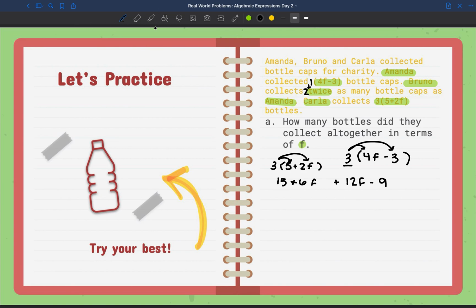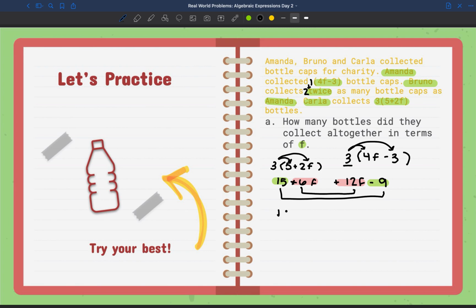And now this looks like we can simplify. We can add like terms, subtract like terms. So we're going to highlight our like terms. We have 15 is a like term to negative 9. And we have positive 6F is a like term to positive 12F. So now that we know this information, we can add or subtract their like terms from one another.